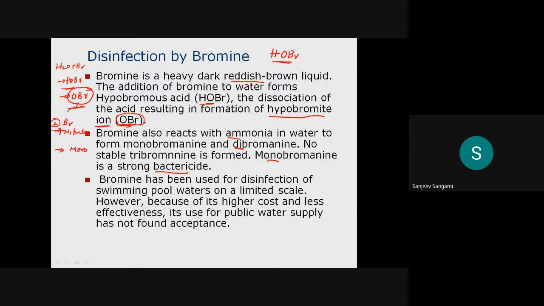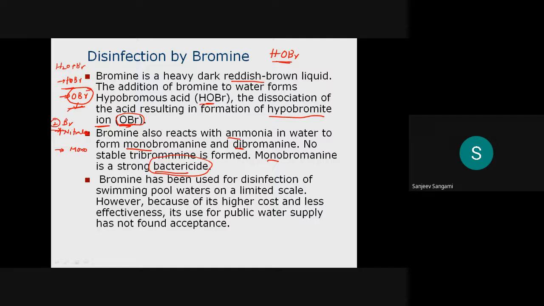So these two, the mono and di, are all strong bactericide. Bactericide in the sense it is going to kill the pathogenic bacteria that are present in the water.